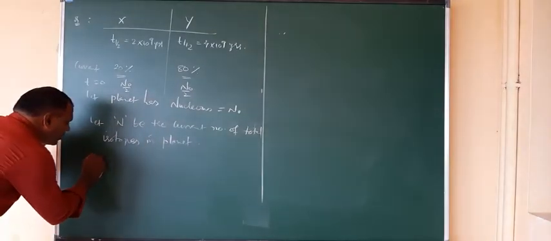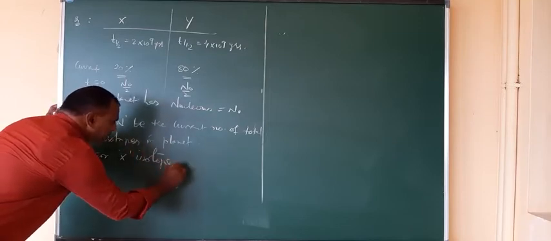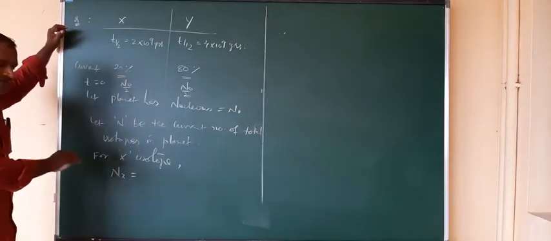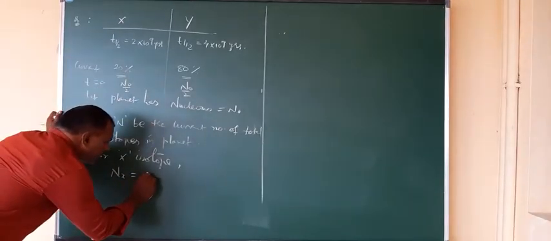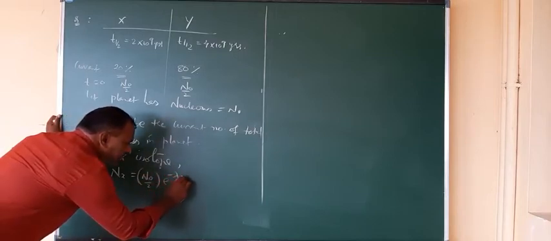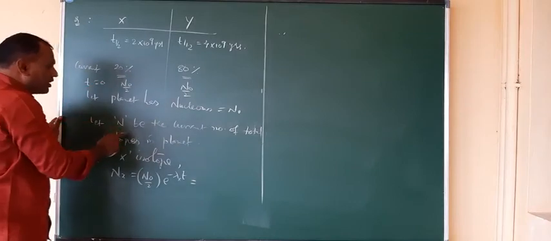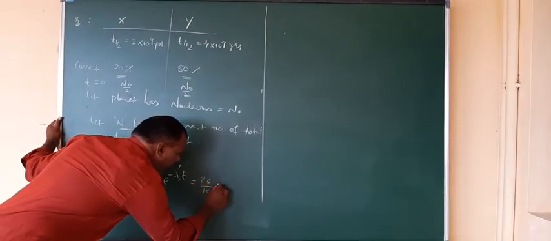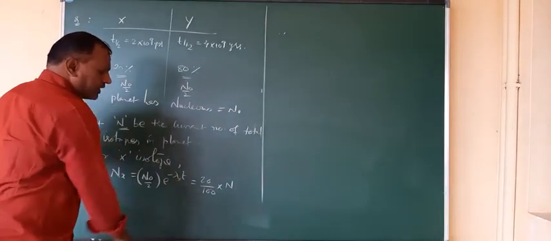I am writing for the X isotope: Nx, the number of particles present after some time interval, is Nx = (N0/2) e^(-λx t), which is only 20% of the current total N. Therefore, I can write 20/100 into N.